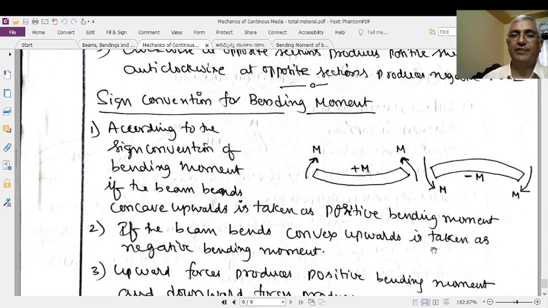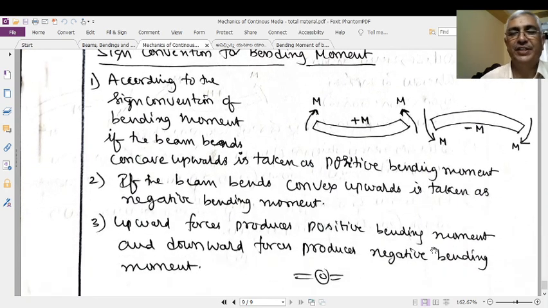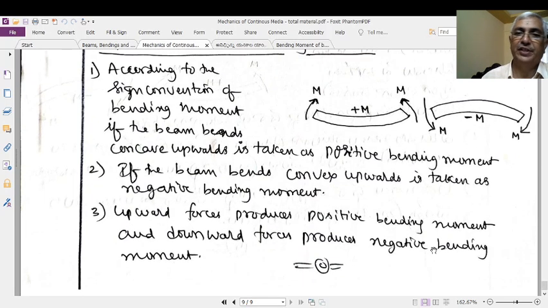Next, sign convention for bending. Because of the unbalanced shearing force, the horizontal beam will bend either upwards or downwards. According to the sign convention of the bending moment, if the beam appears concave in shape while viewing from above, it takes positive bending moment.